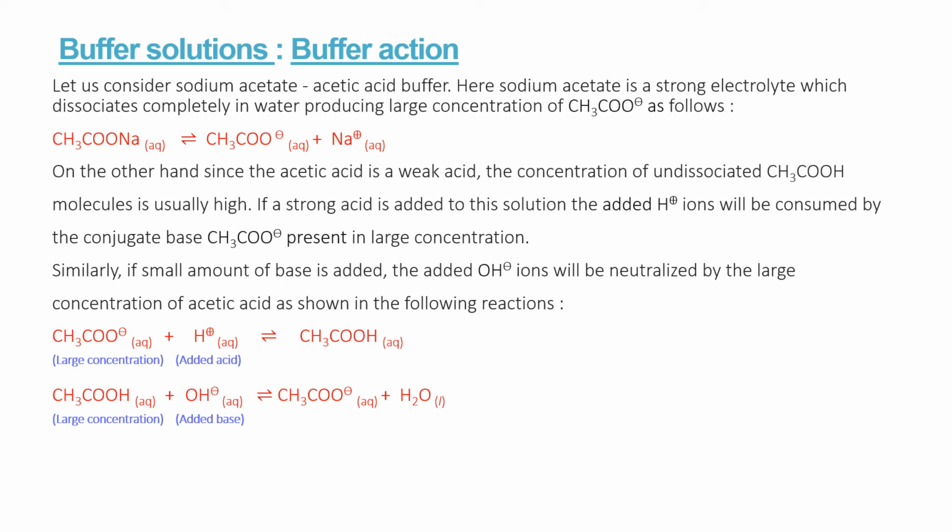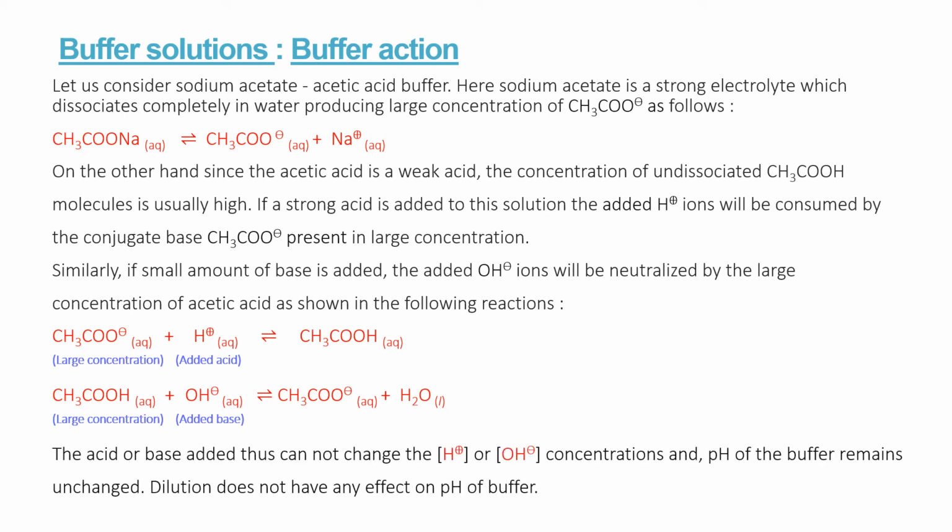So in that buffer solution, if you add a strong acid, the H+ ion will increase and that will be consumed by acetate ion. And if you add base, your OH- ion will be neutralized by your acetic acid, which is in a large concentration.